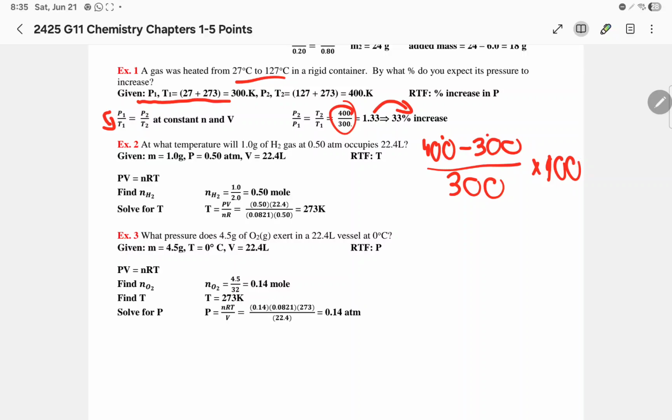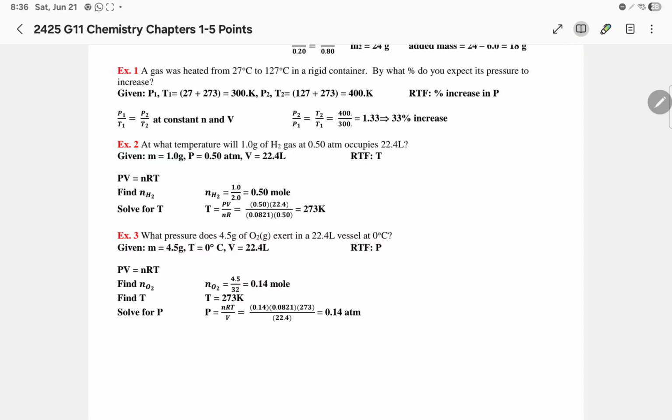And I think we should be getting the same exact answer. 100 divided by 300 gives you 0.3333. Times 100 is 33%. So that's how I would have solved it, and you'd get the same answer. Anyways, moving on to the next question.